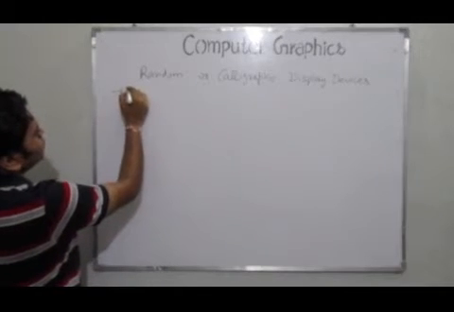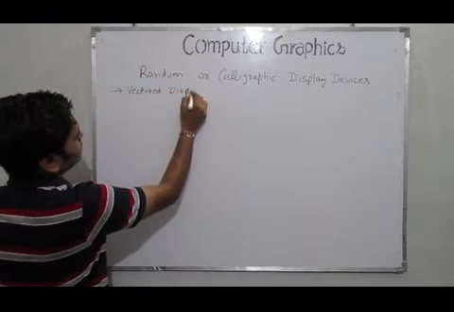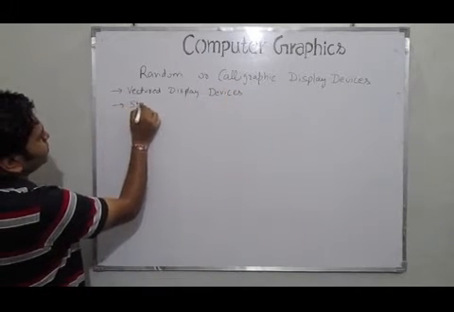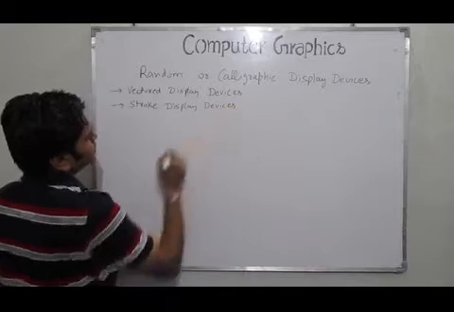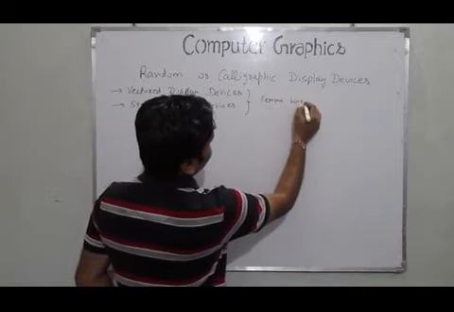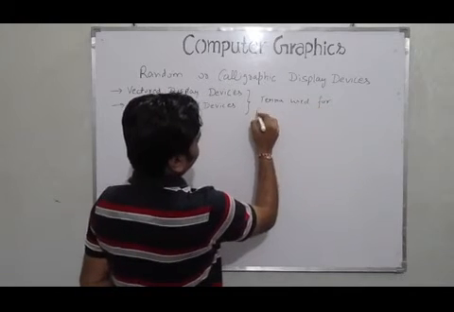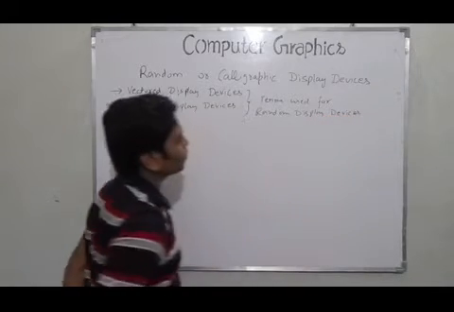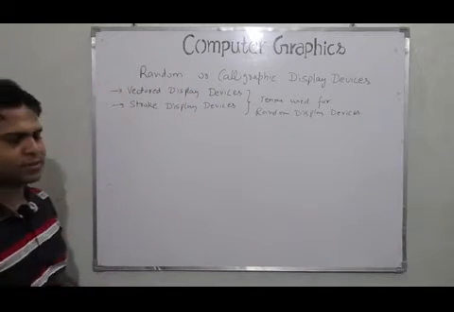First, it is also known as vector display device, stroke display device, etc. These are the terms used for random display device, and we will talk about why we call random display devices vector and stroke display devices.